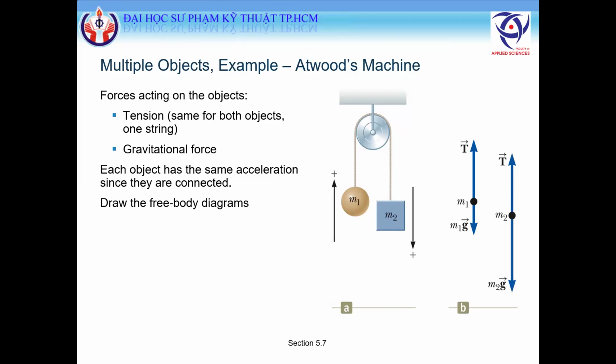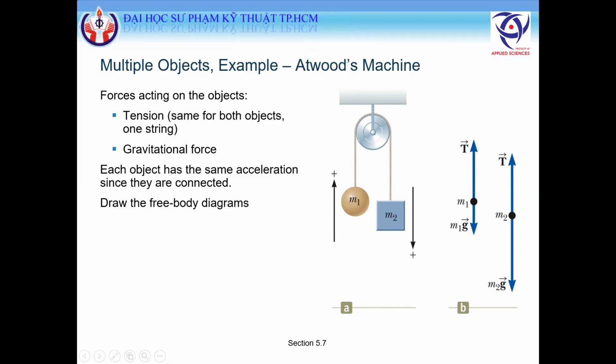In this case, for M1 you have M1G and T. For M2 we have M2G and T. So each object has only two forces, right? When you draw the diagram, try to draw the T with the same length for the two vectors here. M2G is a little bit longer than M1G because M2 moves down, right?